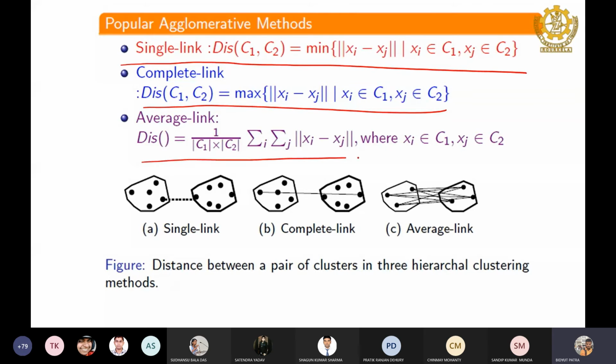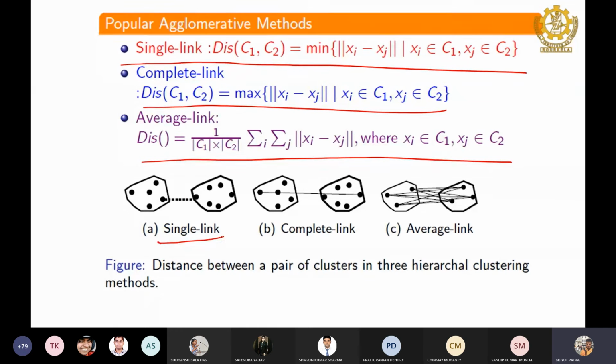Otherwise, if you compute the distance in this fashion, then the agglomerative approach is the average link. So there are three algorithms: single linkage, complete linkage, and average linkage hierarchical methods. Only the distance measure changes, otherwise the basic structure of the algorithm remains the same as I covered in the last slide.